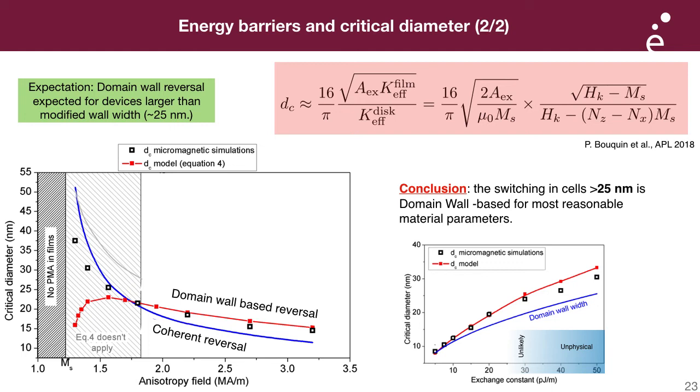But essentially, if you take a junction that is 25 nanometer diameter, for any reasonable material parameter, it's always going to be a domain wall-based reversal. So this is one of the messages. The macrospin reversal doesn't exist, although the macrospin threshold is a relevant quantity, and magnetization will always or almost always reverse by a domain wall process.